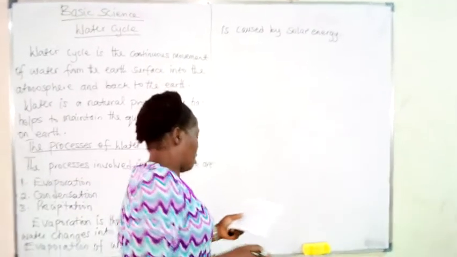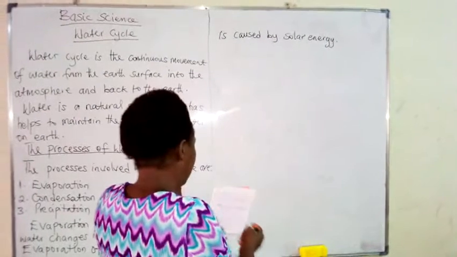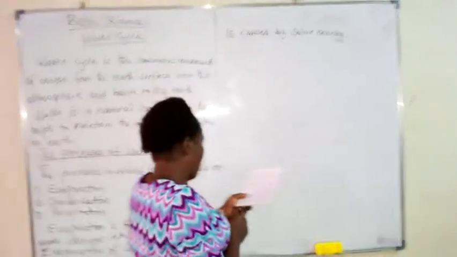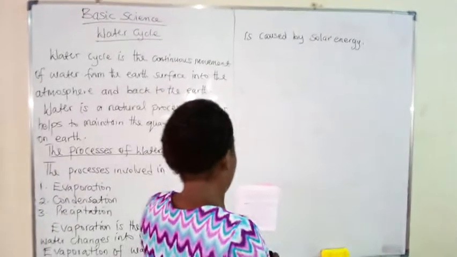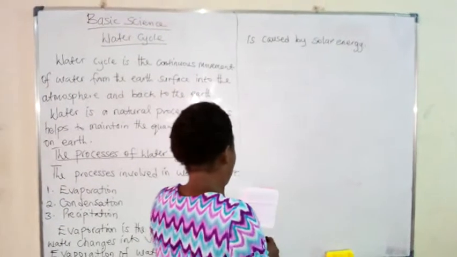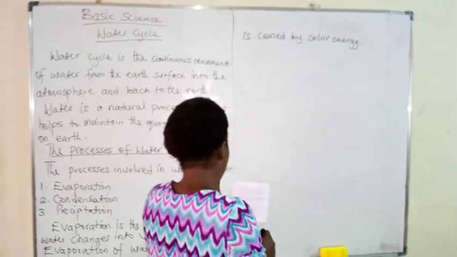Alright. Then after the condensation, when the cloud becomes heavy, it falls back to us as rain, dew, or snow that we always see sometimes.